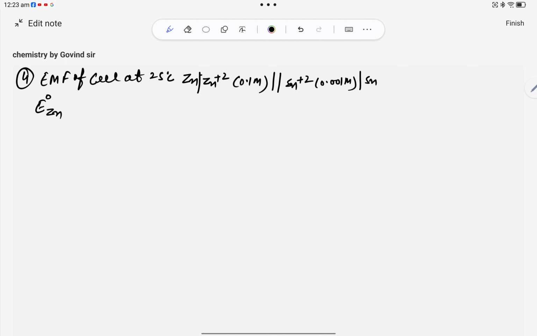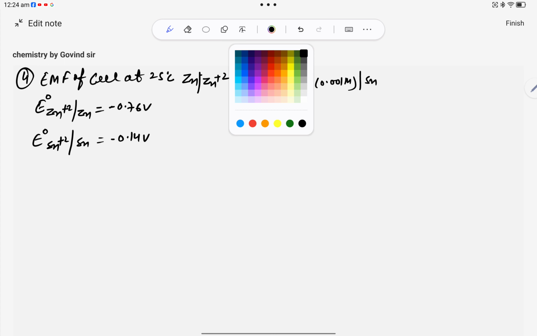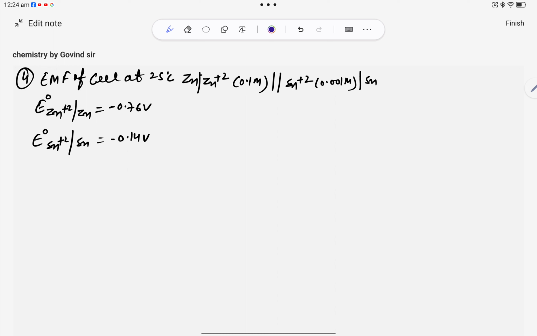E naught minus 0.76 volt, E naught minus 0.14 volt. See, here both cases reduction potential is given, fine.